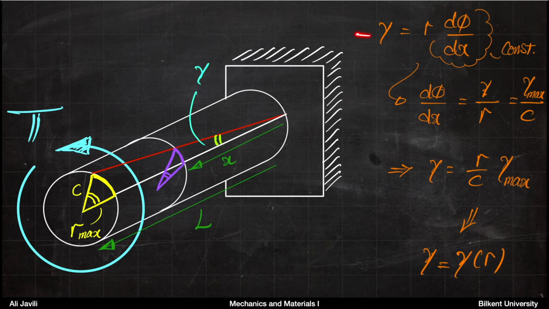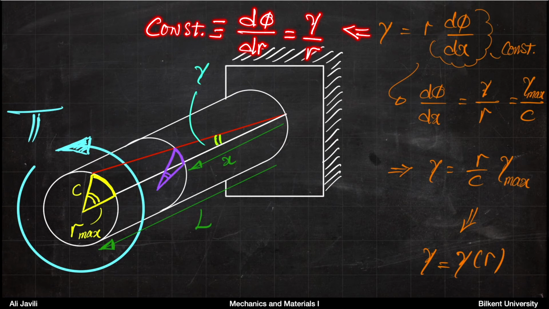Again, you can write it in a different order. We know this thing is constant, so d phi over dx is gamma divided by r. Because gamma divided by r is equal to d phi over dx, that is also a constant. That tells us gamma over r is constant.